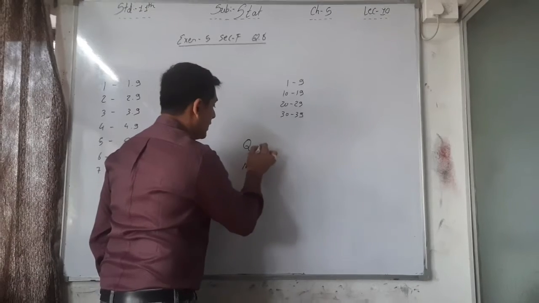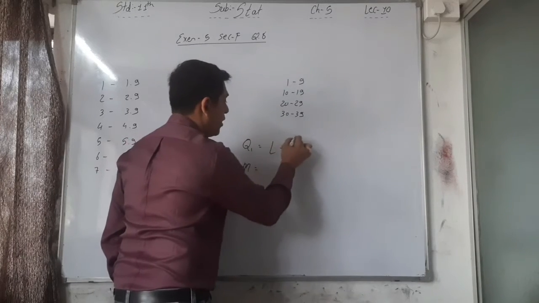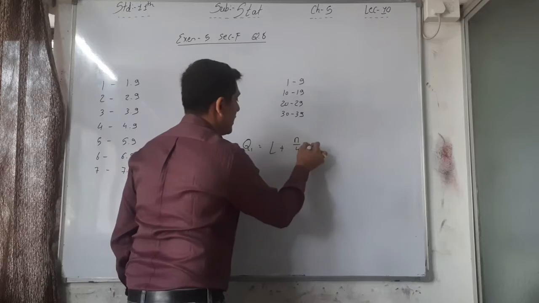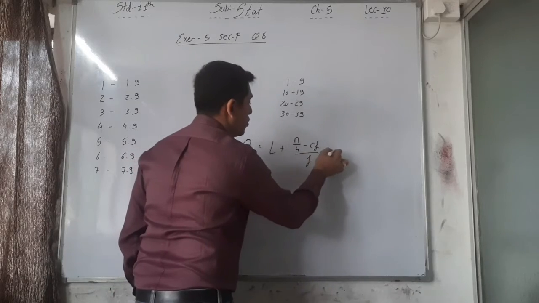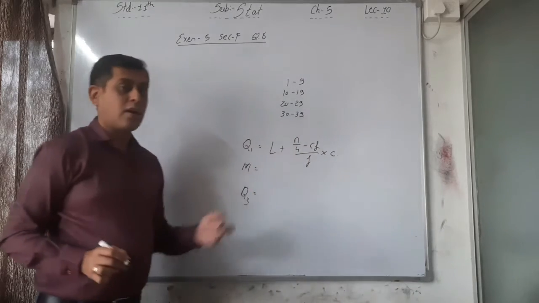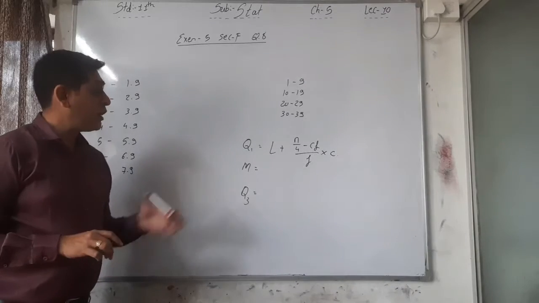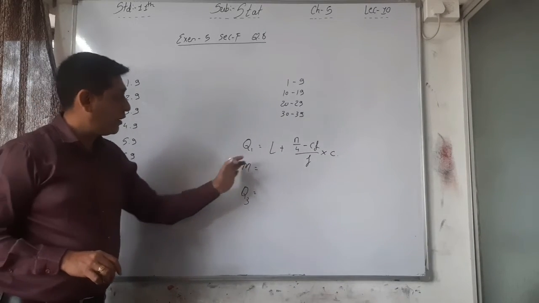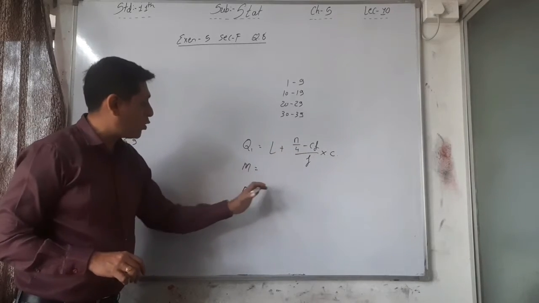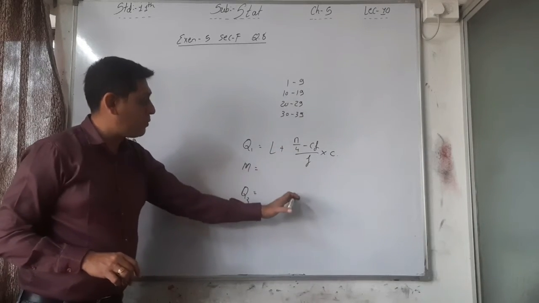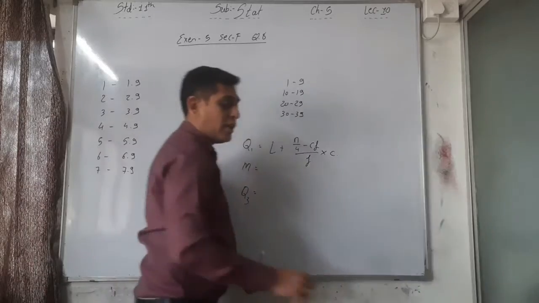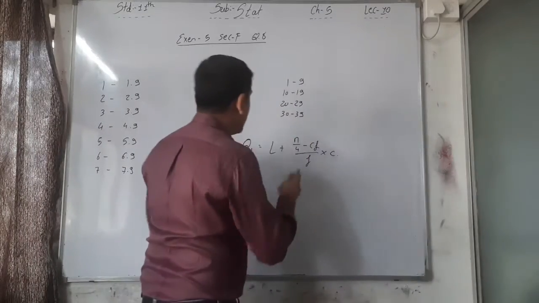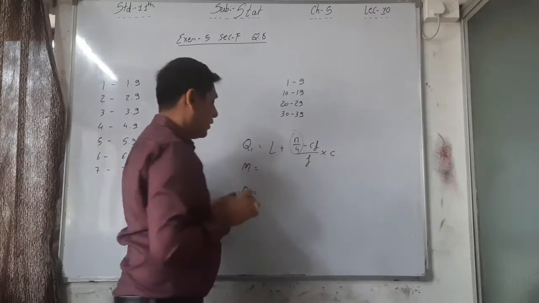The formula is L plus (N by 4 minus CF) upon F into C. This is for continuous grouped data. Formula for Q1, then L, then for the median N by 2, then Q3, only 3N by 4. The change is only this point. Other things remain the same, right?